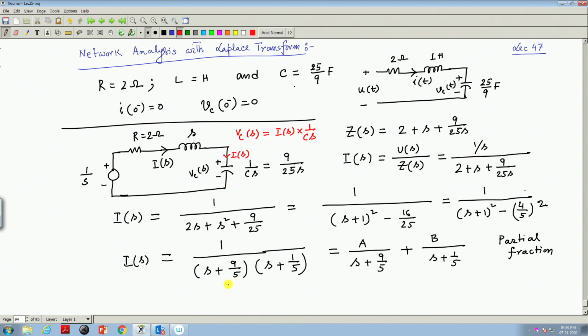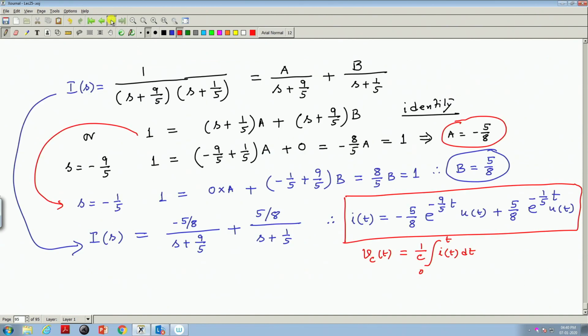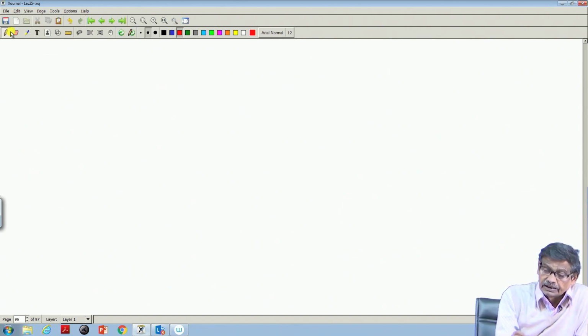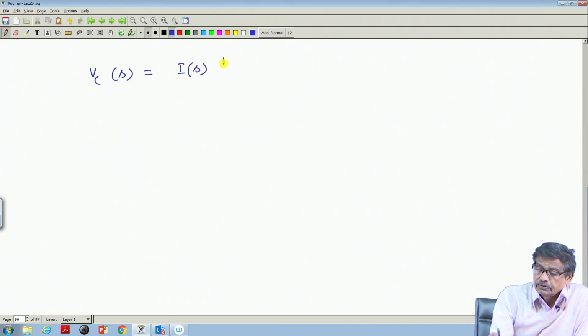I(s) is already there. Now I am interested to know the capacitor voltage. So, I will say the capacitor voltage VC(s) will be nothing but I(s) into 1 over Cs.